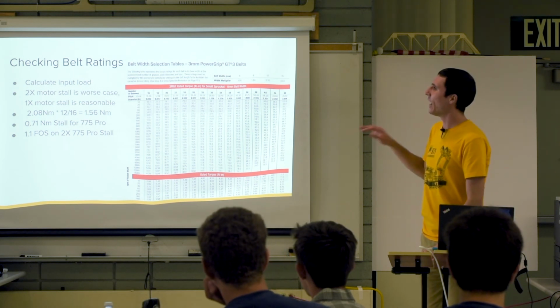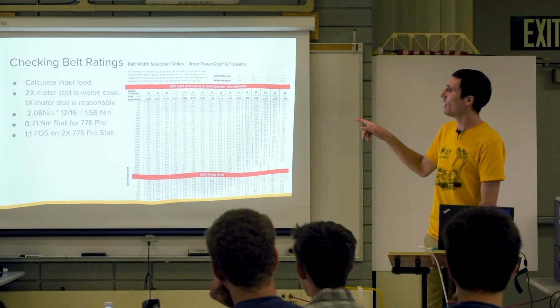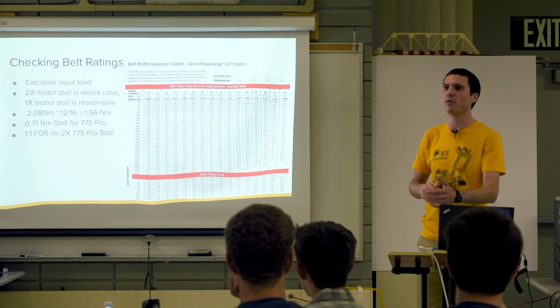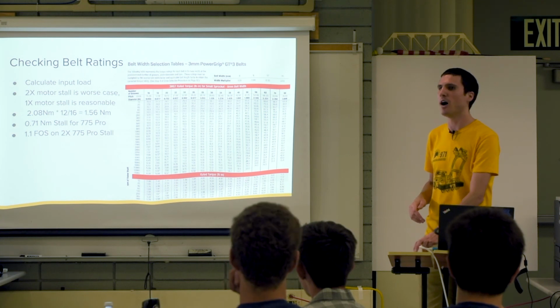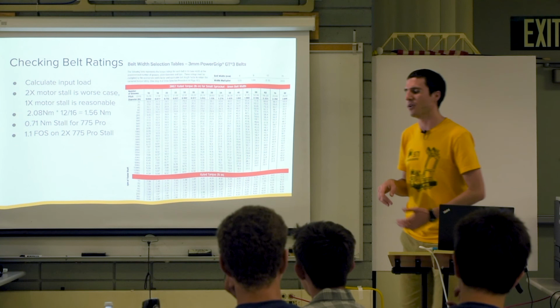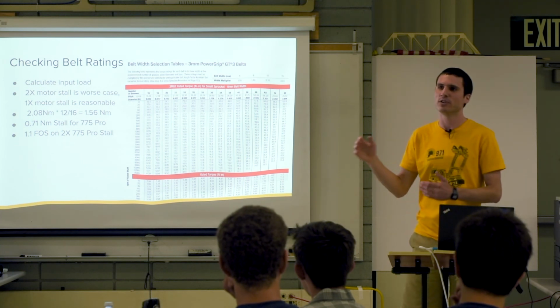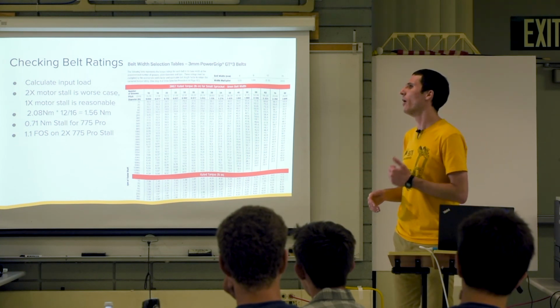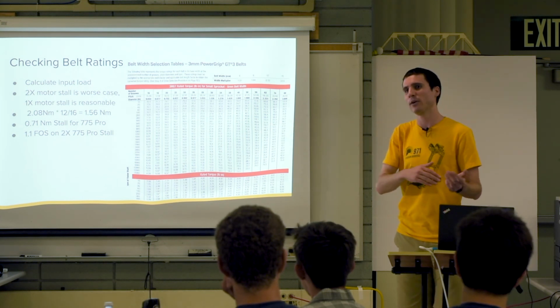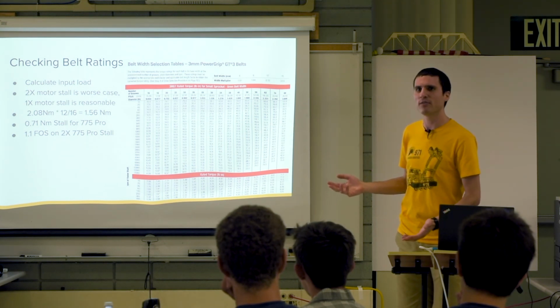If you look into the details, the motor stall torque is rated for 12 volts on the motor. That's applying 12 volts across the leads, and most of the time that's the most voltage that you're going to have on the motor. But if you take the motor from full forward to full backwards, motors actually generate voltage.